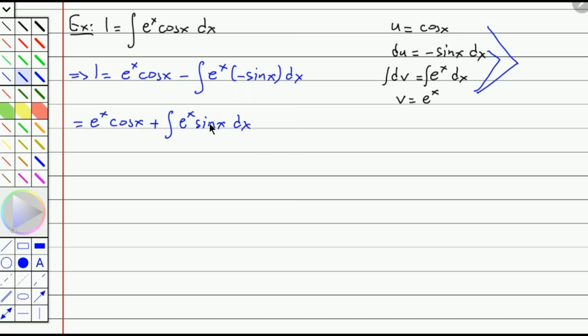And once again we have a trigonometric and an exponential. So we use the technique once again. u is equal to sine of x and du equals cosine of x dx, and dv is e to the x dx, integral, and v is e to the x once again.